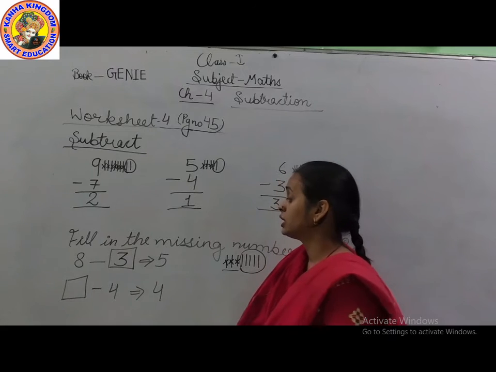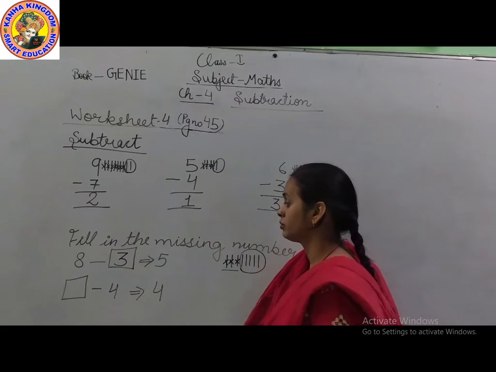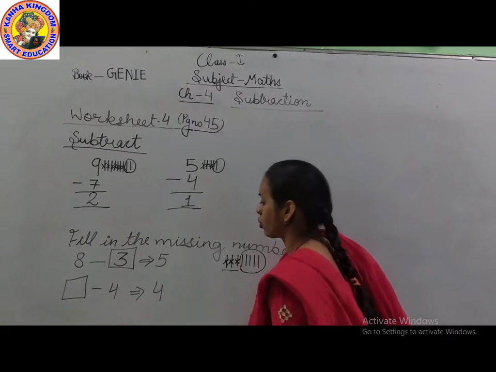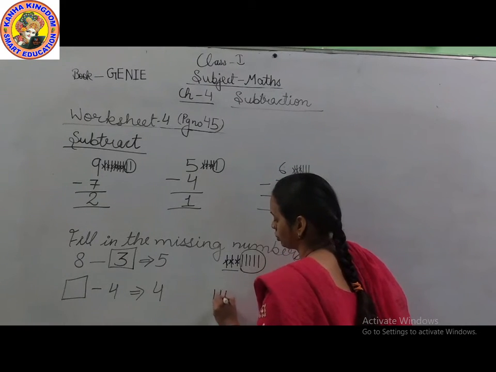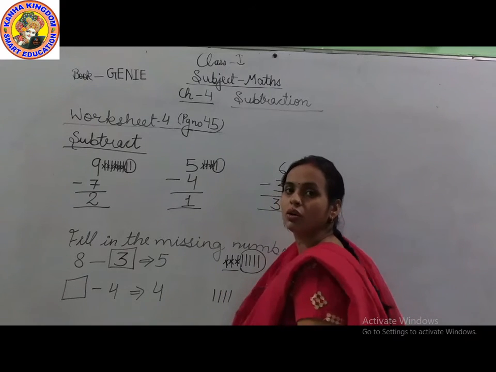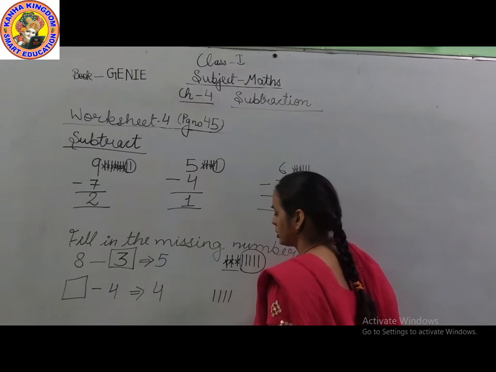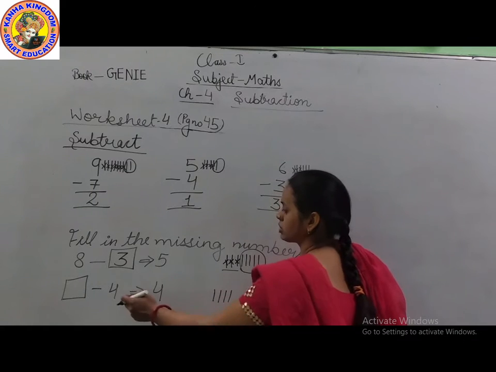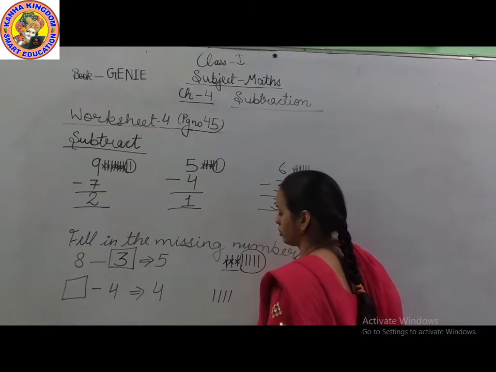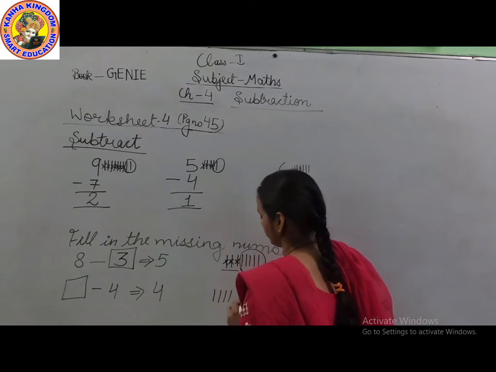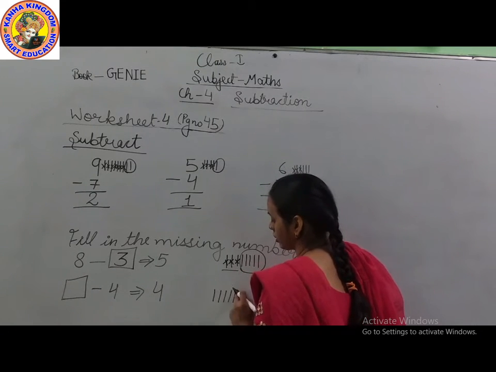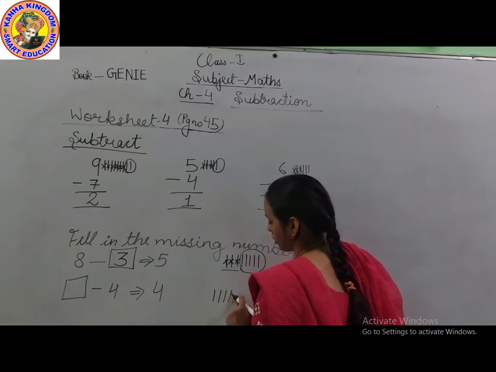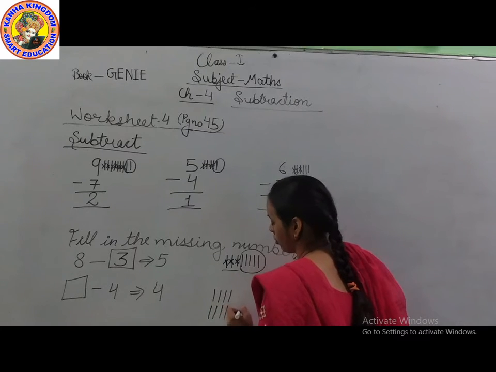Now next is dash minus 4 equals 4. So first we draw 1, 2, 3, 4. Okay? So first 4 plus 4. 1, 2, 3, 4.